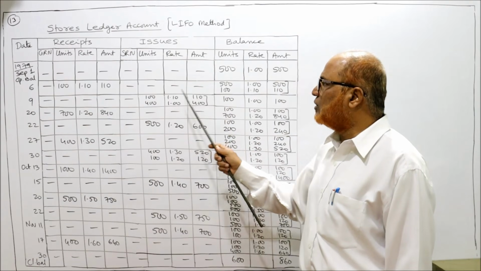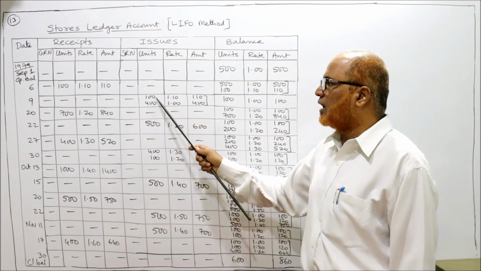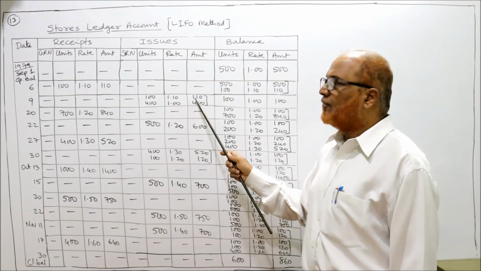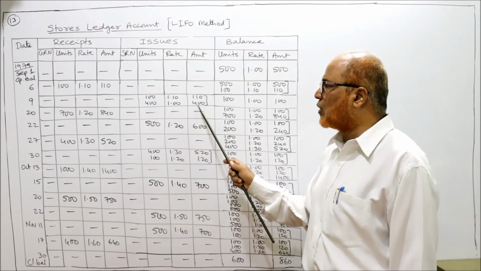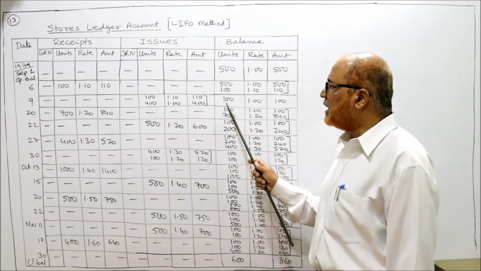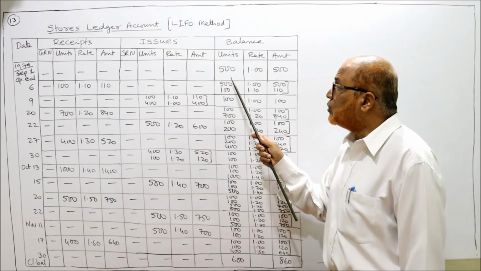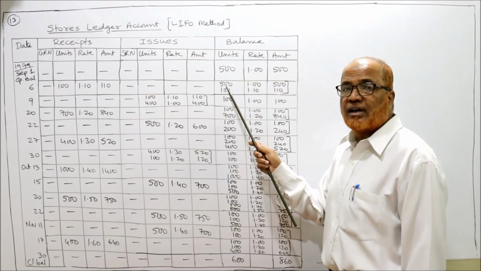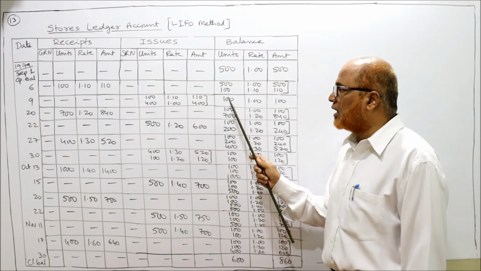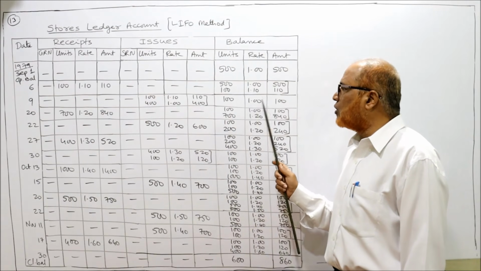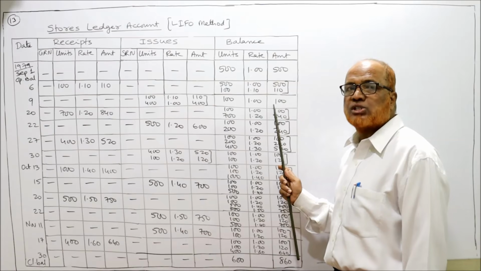So this 100 units will get exhausted first. 100 into 1.1, 110. From this 500, 400 units are issued at 1 rupee, so 400. The balance remaining is 100 units out of the first lot. From this 500, 400 units are issued, remaining 100. So 100 into 1 rupee, 100 rupees. This is the closing balance.